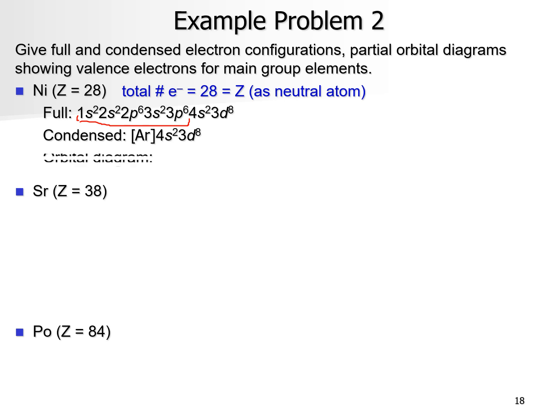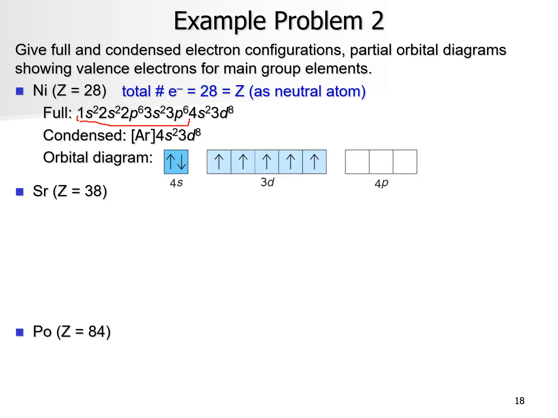As for the partial orbital diagram, we're going to focus on the 4s, 3d, and 4p, even though we do not have any electrons in the 4p subshell. With 4s2, we have 2 electrons, up and down, in the 4s subshell. The first 5 electrons in this 3d8 will occupy every 3d orbital.